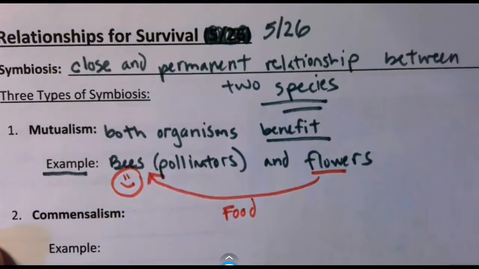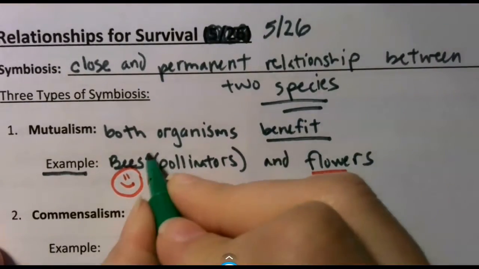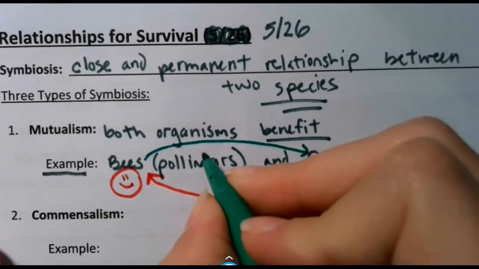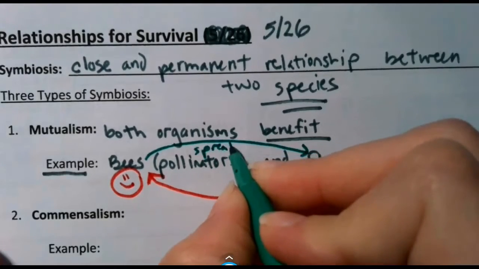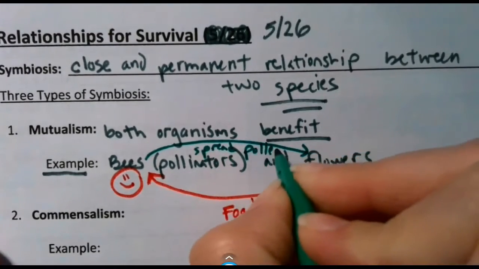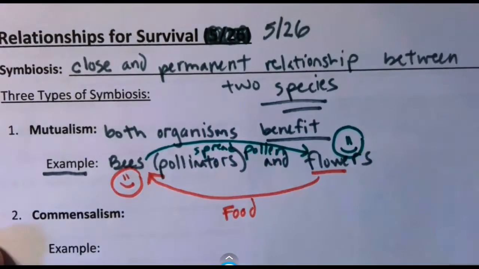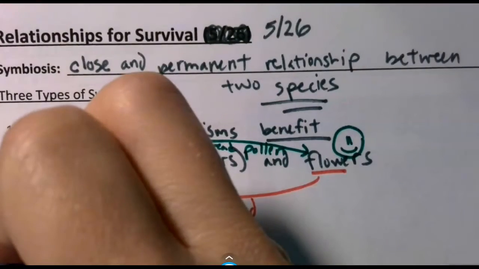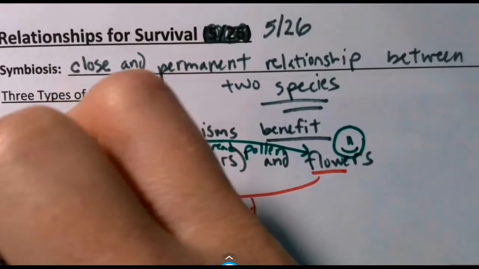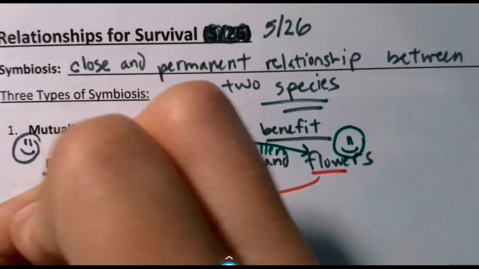The flowers, the bees spread pollen for the flowers. So that's a positive relationship for the flowers. So in mutualism, it's a relationship where both species benefit. Both species are happy. Smiley face, smiley face.